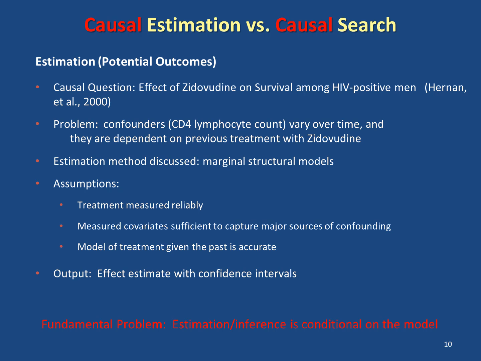Here's an example: what was the effect of azidovudine on survival among HIV-positive men? This is complicated to estimate because of time-varying confounding, but Miguel Hernan and his colleagues figured out how to do it on the basis of several assumptions. What they got was an estimate of the causal effect with confidence intervals bounding that estimate.